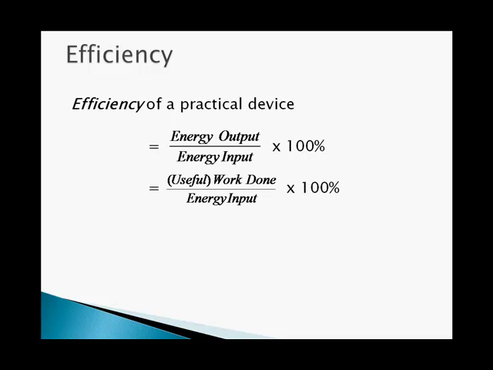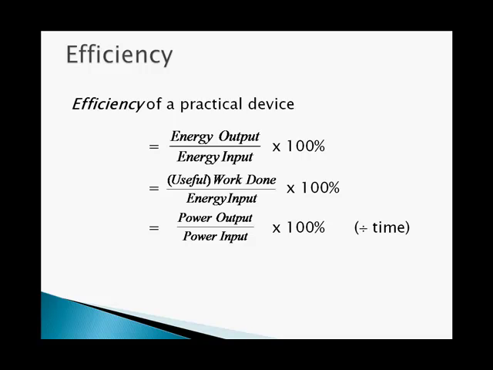It can also be expressed in terms of useful work done over energy input multiplied by 100%. And if you divide over time, then you will have the power output over power input multiplied by 100%.